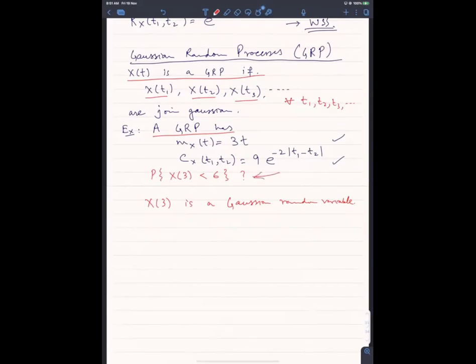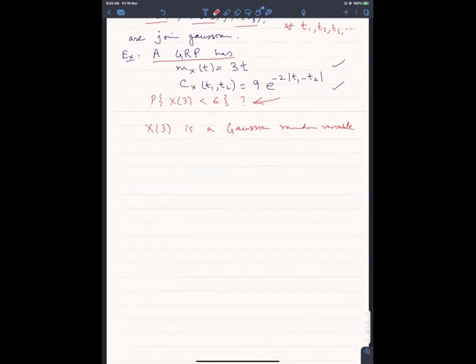We have to find this probability. I can easily find it if I know the mean and variance of X(3). So we need the mean and variance of X(3). How do I find the mean of X(3)?